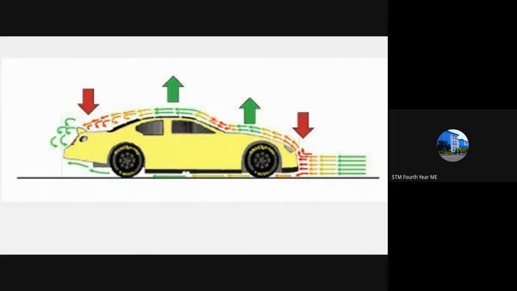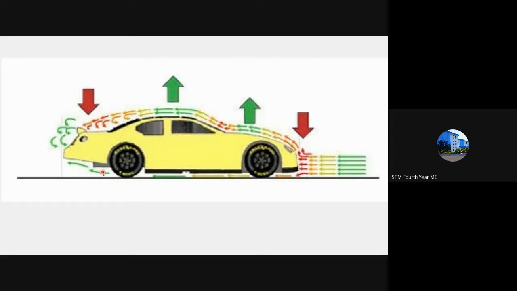While it is accelerating here, the air underneath the car will be much faster because of the Venturi effect, or the lower cross section. Due to the lower cross section, air tends to move at a higher speed, and due to that there will be a high pressure here while low pressure here. Hence, there will be lift at these two positions.